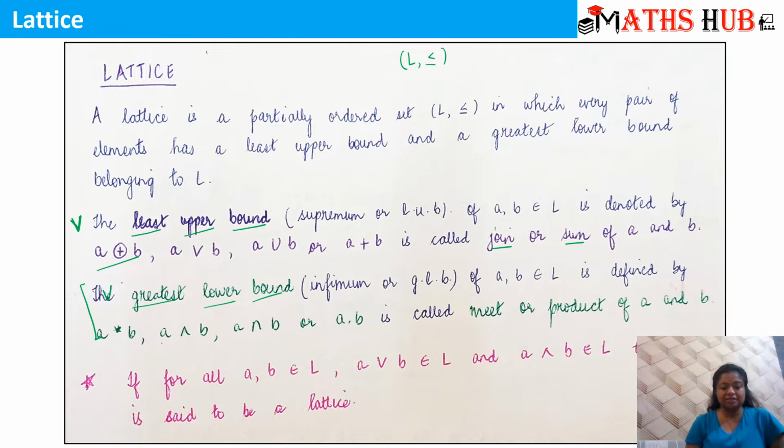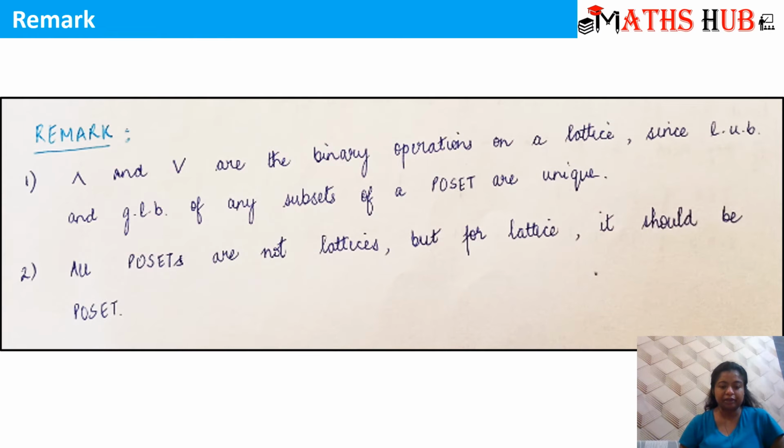Here this symbol, the opposite of the victory symbol, will be called the meet symbol or the product of A and B. So in a nutshell, if we have any two elements A and B belonging to L, and A join B and A meet B both belong to L, then that poset will be called a lattice. So let's check with the help of certain examples whether the given posets will work as a lattice or not. Before that, let's see these remarks.